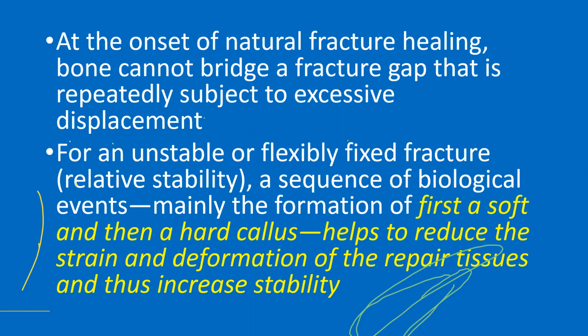At the onset of natural fracture healing, bone cannot bridge a fracture gap that is repeatedly subject to excessive displacement. For an unstable or flexibly fixed fracture, which is relatively stable, the sequence of biologic events we spoke about repeatedly takes place.